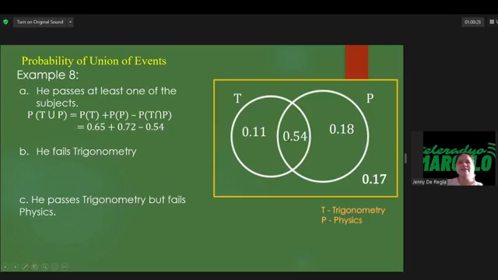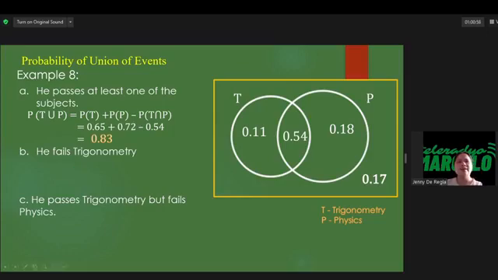And then decrease by their intersection, 0.54, since we are looking for passing at least one of the subjects. Okay, so 0.65 plus 0.72 minus 0.54 is equal to 0.83 or 83% probability of passing at least one of the subjects.